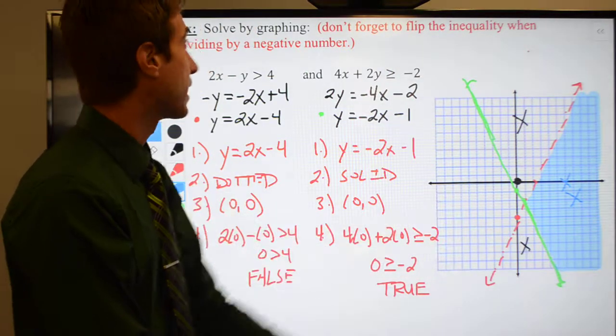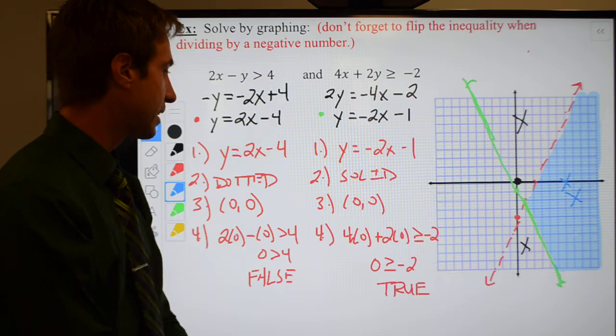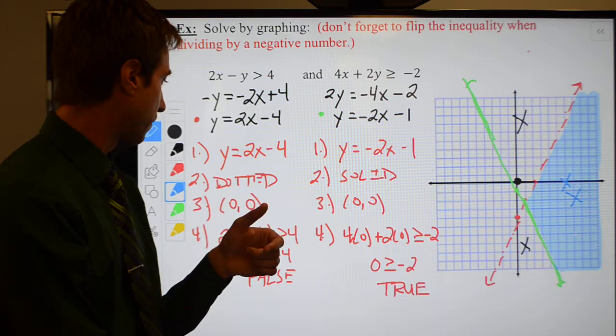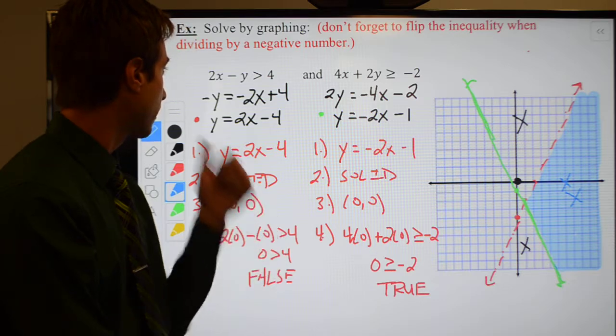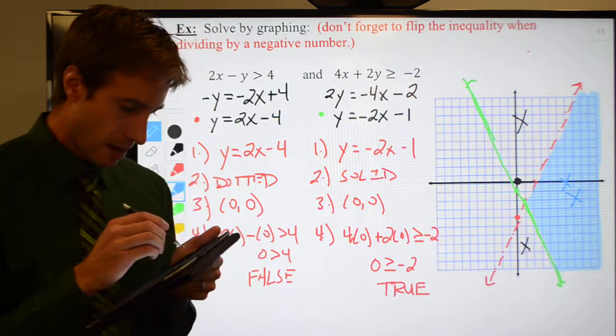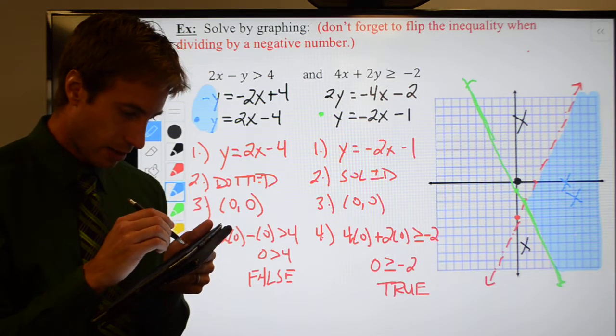Don't forget to flip the inequality when dividing by a negative number. So here's what happened to me. I forgot to flip my inequality when I divided by a negative number, and let's see what happened to me. Let me redo this right here.